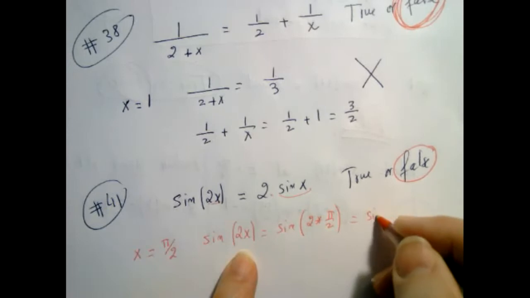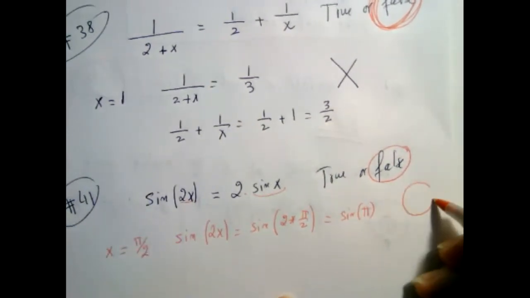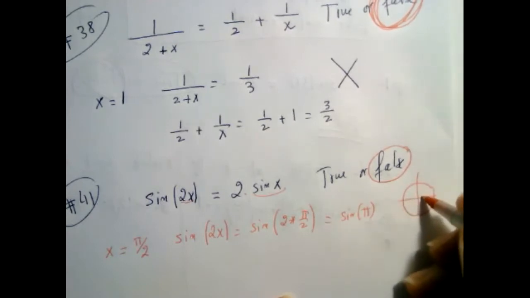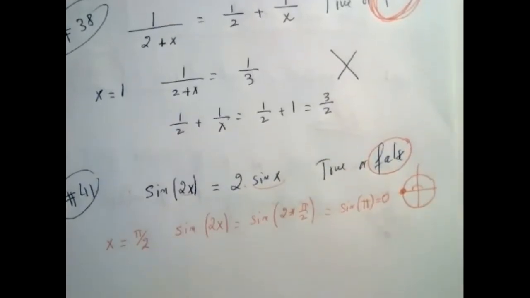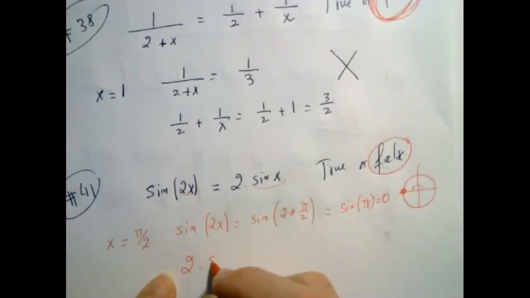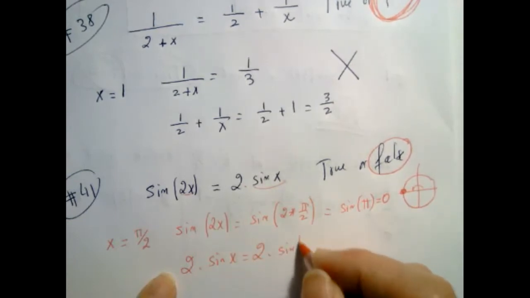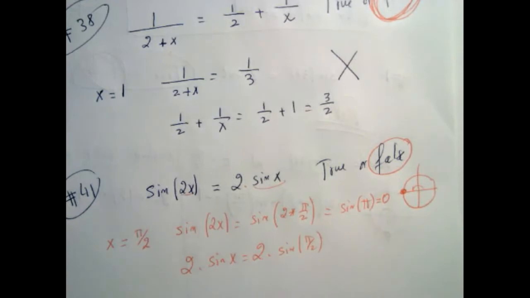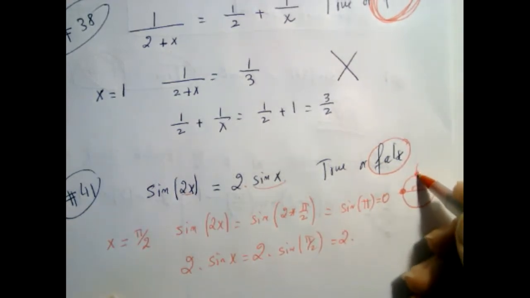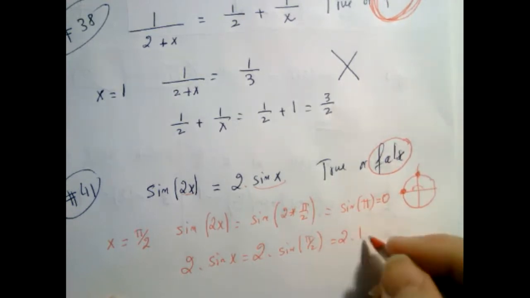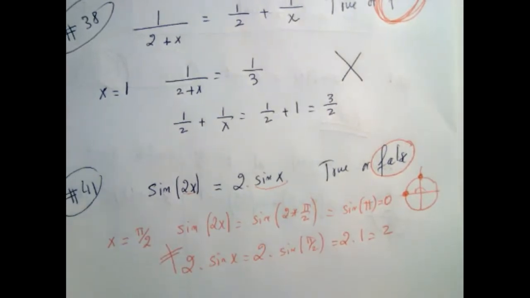It means the sine of pi. Now, what's the sine of pi? If I go to my unit circle, this is pi. The sine is the y coordinate, which is 0. However, when I take 2 times the sine of x, I'm taking 2 and I multiply it by the sine of pi over 2. Very different operation. Pi over 2 is up here. The sine is 1, which is equal to 2. So absolutely different. We cannot really remove the 2.